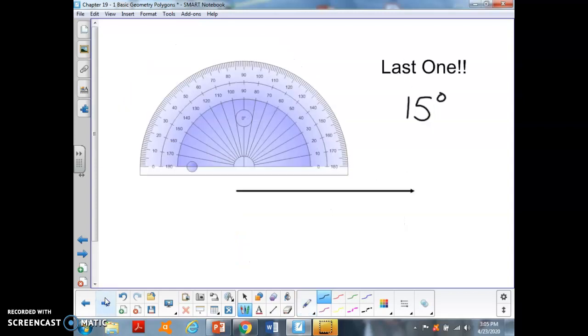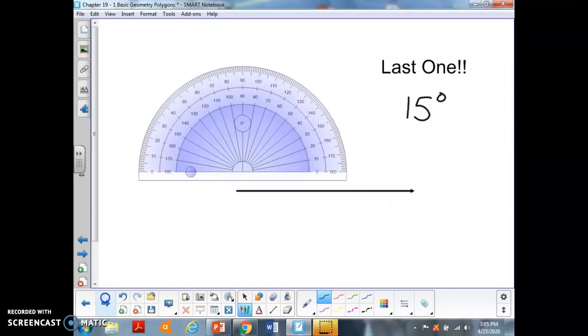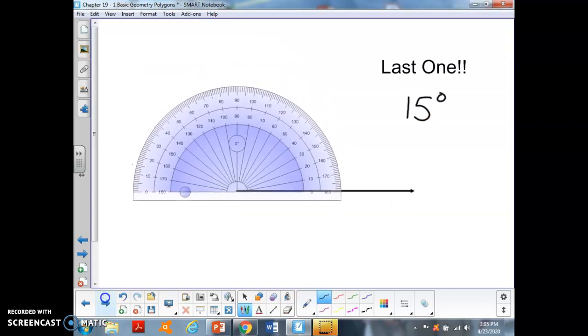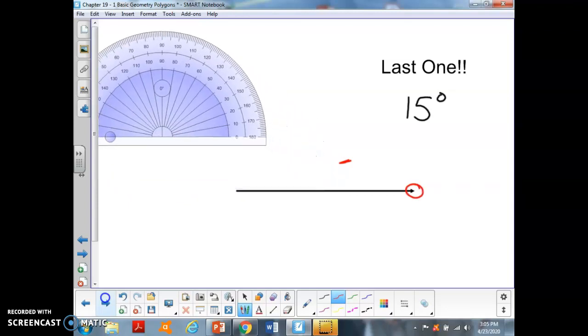Last one, 15 degrees, very tiny. Move it down, so it's right on the vertex. This one goes to the right, so I'm going to use 0. Got to get right here, very tiny, between the 10 and the 20 on the inside because it goes to the right. So I'm using the inner circle. Move my ray out of the way.